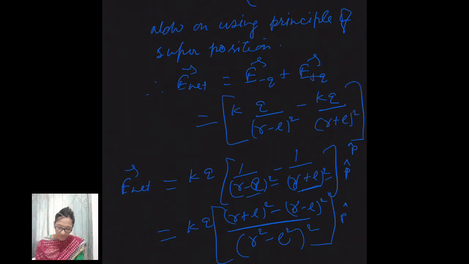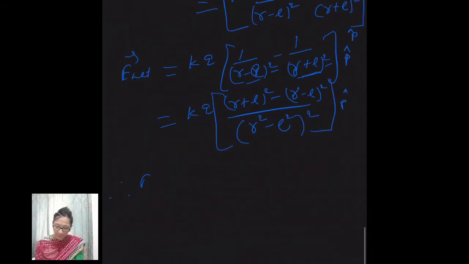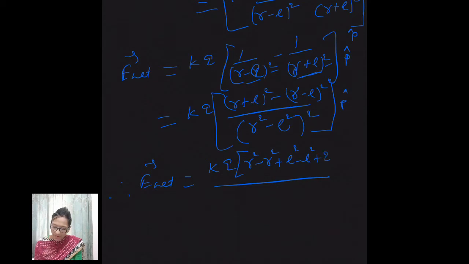Therefore electric field net is equal to KQ by, and above it is R square minus R square plus L square minus L square plus 2RL, and this is minus into minus 2RL, and this is R square minus L square whole power 2, and this is in the direction of dipole moment vector.